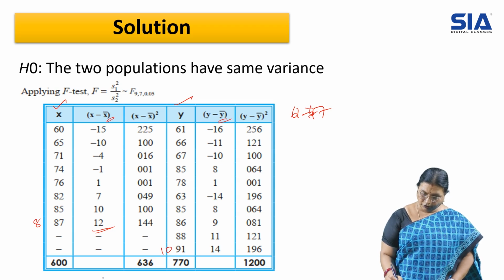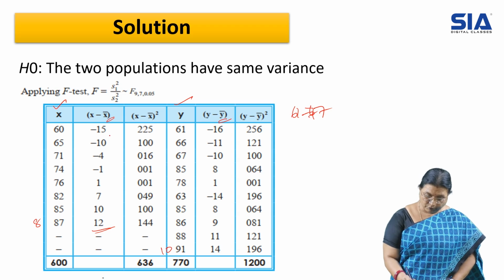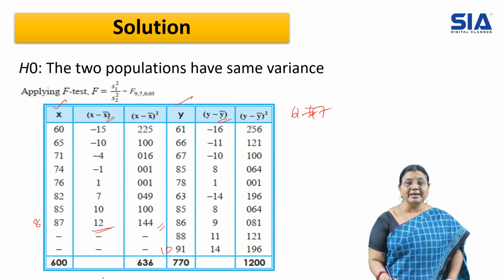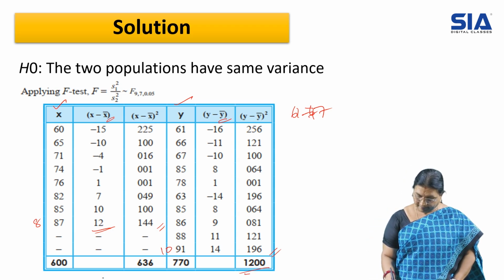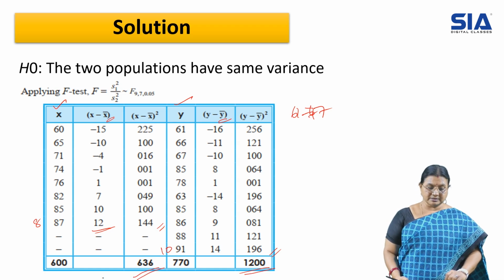And for x minus x bar squared, the square of 15 is 225, the square of 10 is 100, and similarly for all the values we take the squares. In a similar way for y minus y bar squared. So sigma y minus y bar squared is 1200 and sigma x minus x bar squared is 636.